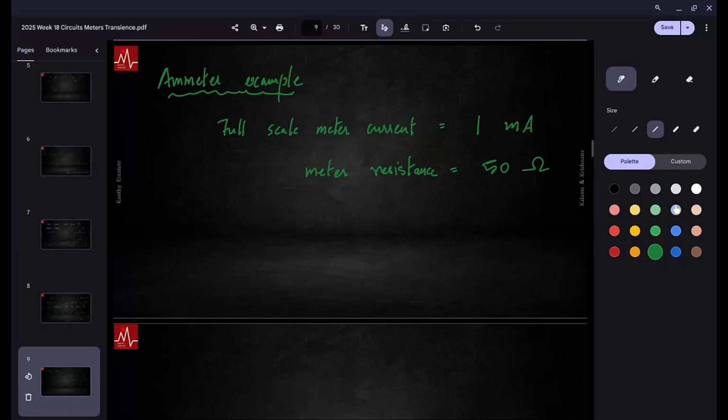Now current range, required current range, required current measurement range is, let's say, 0 to now.